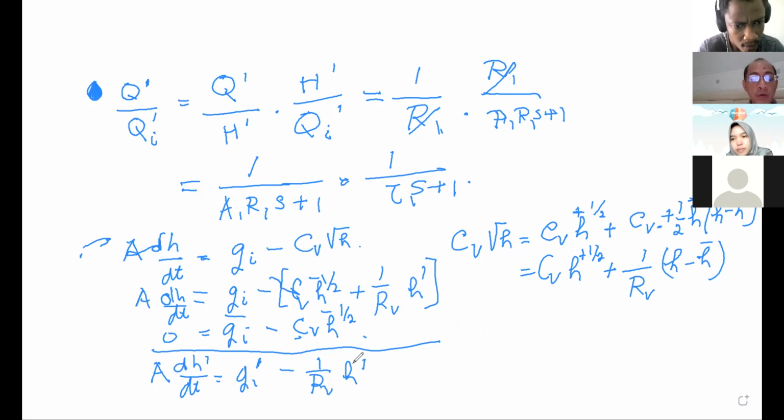Set H prime here on the left hand side, and then this will still be QI prime, and then you Laplace transform them, and you will get the same as in the textbook. Okay, I'll go back to there. All right.